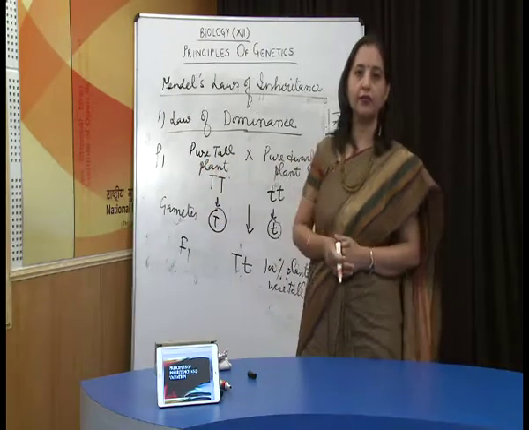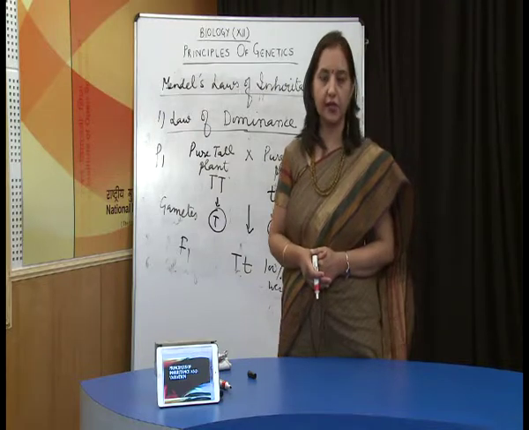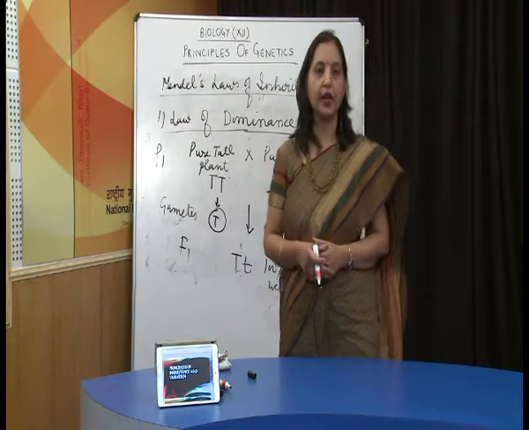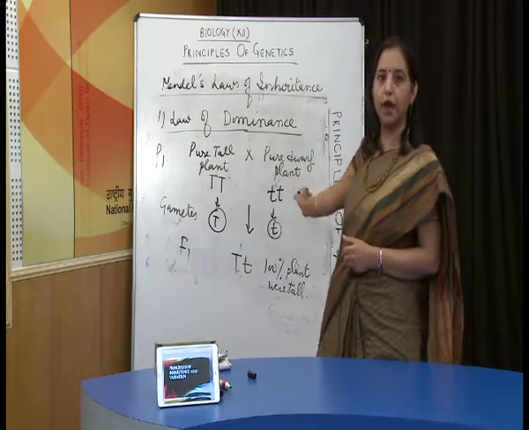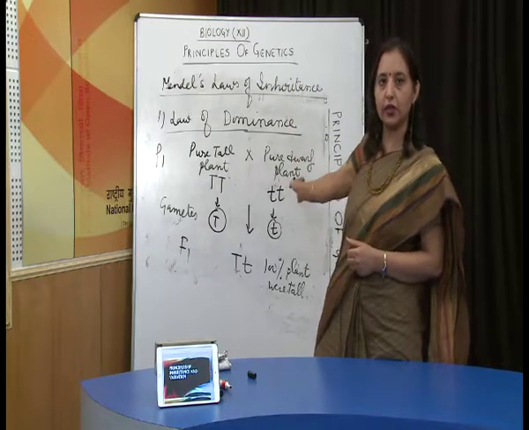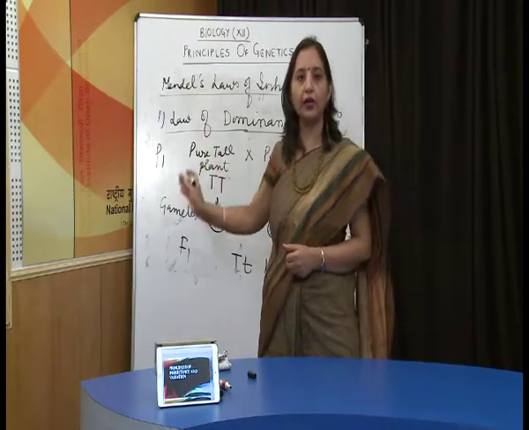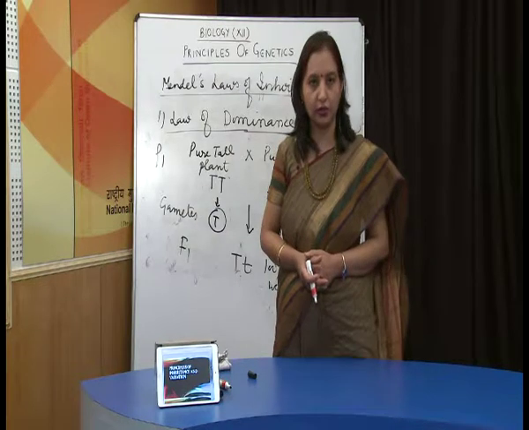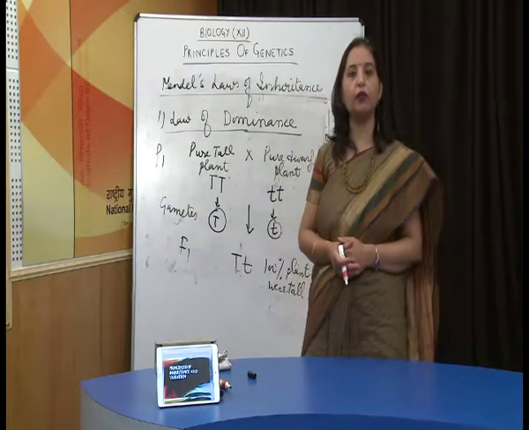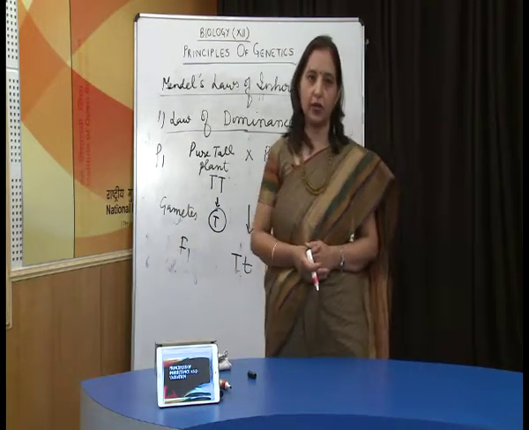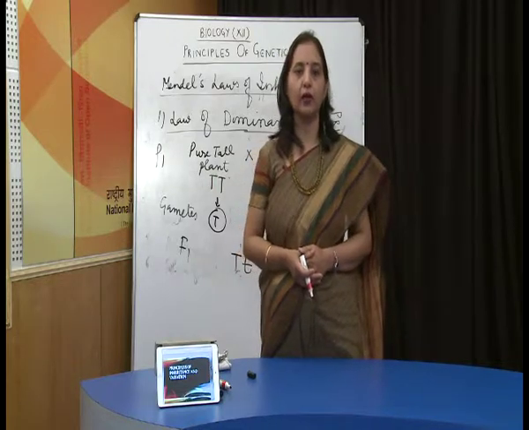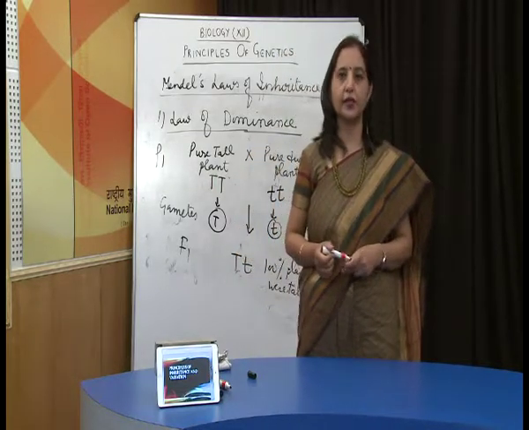This is about the first law of inheritance, that is the law of dominance. We can take any example out of the 7 traits which were shown earlier, and only one trait has to be shown in the first generation, because Mendel found only one trait in the first generation, and that was called dominating. The other one was called recessive.